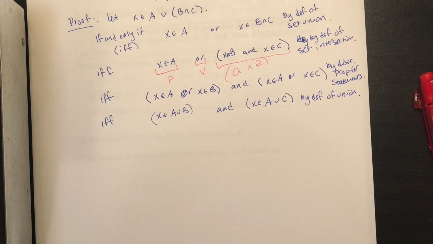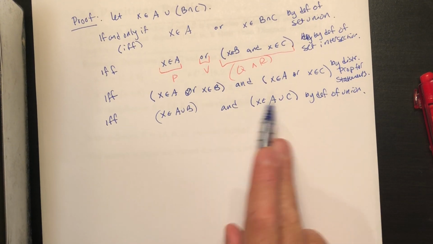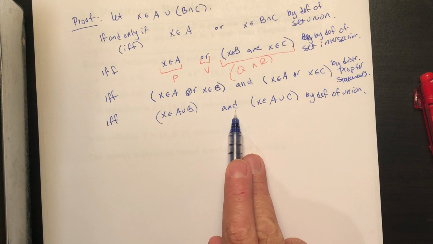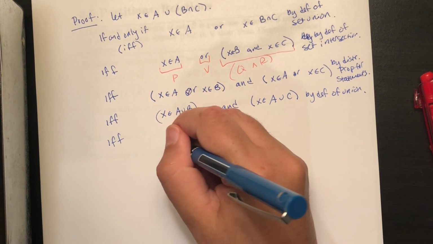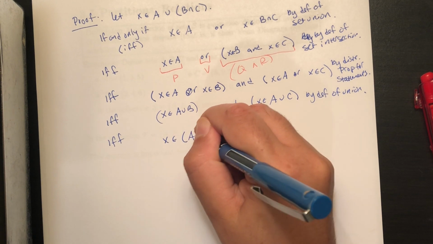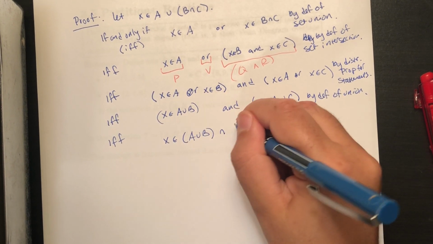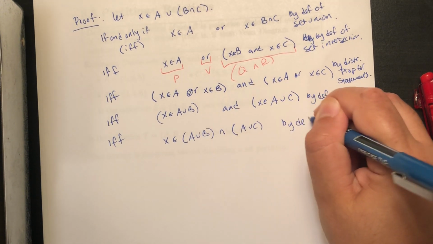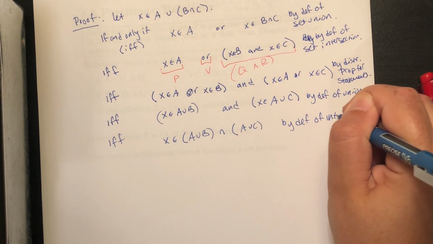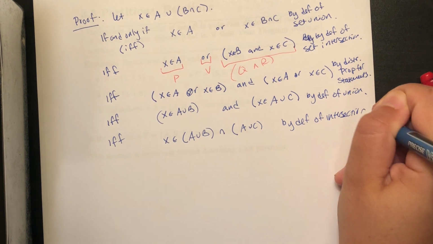All right, and finally, putting together these two statements that have an and in the middle, by the definition of set intersection, this is if and only if X is an element of (A union B) intersected with (A union C). That's exactly what we were trying to prove.